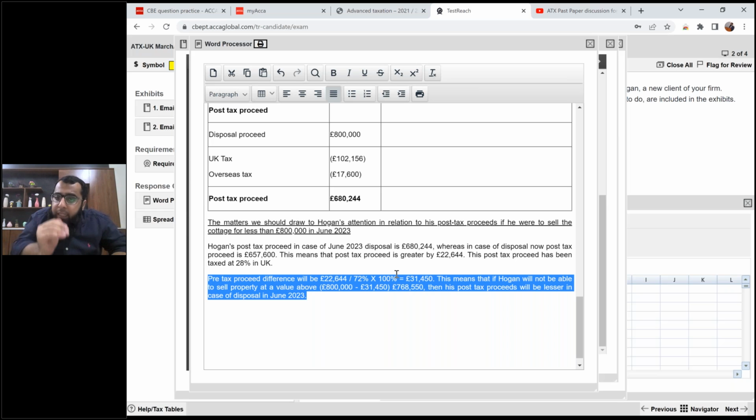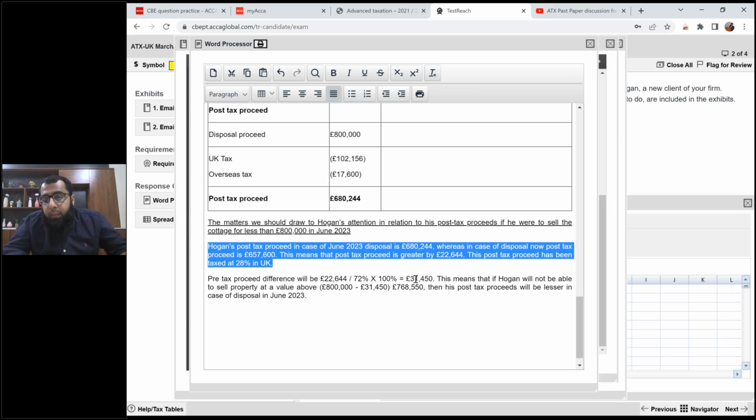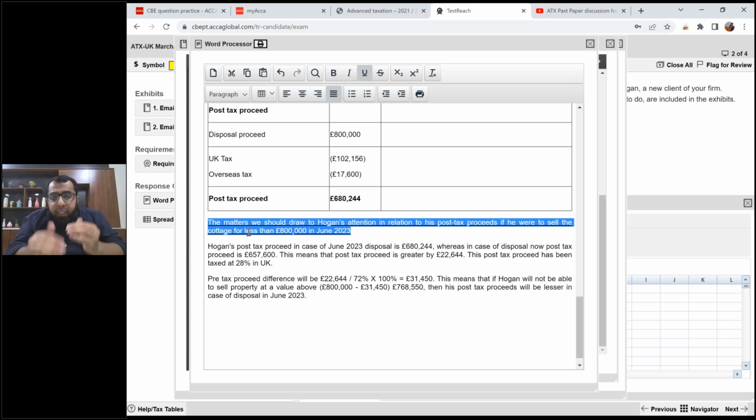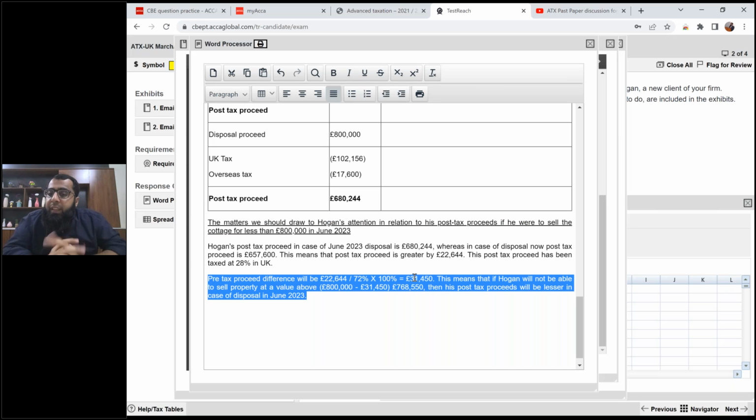If Hogan will not be able to sell the property at a value above 768, the post-tax difference is 22,644 and the pre-tax difference is 31,450. Now he's saying that if he sells at a lesser value, then how much less? It can be a difference of 31,450.